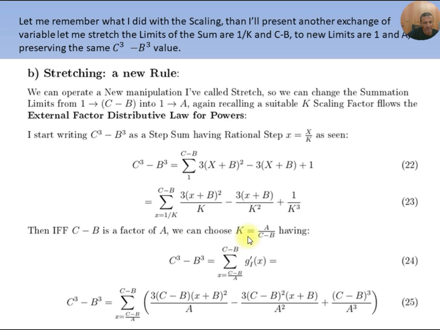We can choose k equal to a factored by c minus b, having c cube minus b cube equal to the sum from lowercase x of (c minus b) over a to c minus b of what I've called the new integer first derivative for c cube minus b cube, g prime I of x, equal to this term we already seen, and you can easily check.